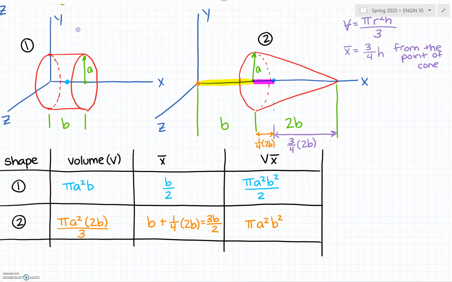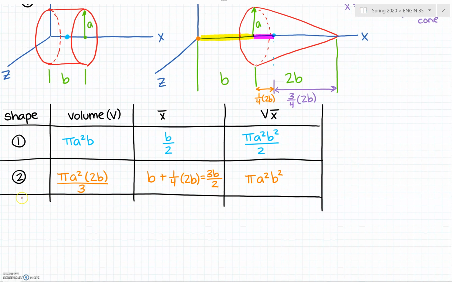I'm going to add one more row to my table here where I find the sum. So the sum of my volumes, if I add those up, is going to be 5 pi a squared b divided by 3.